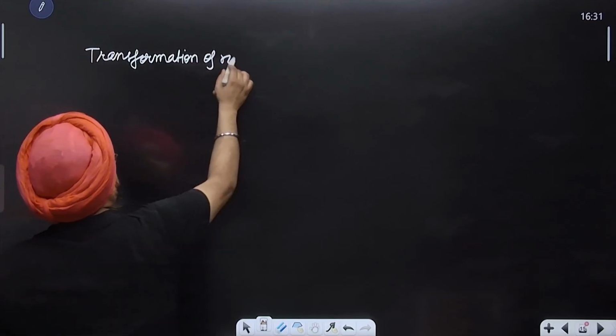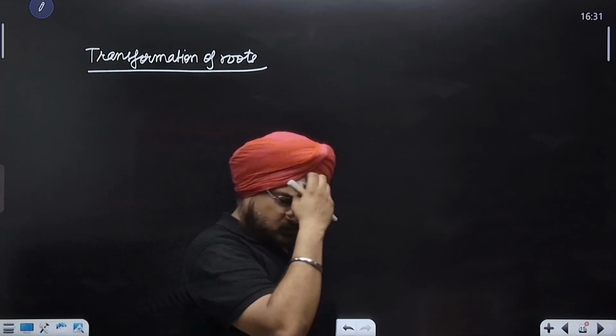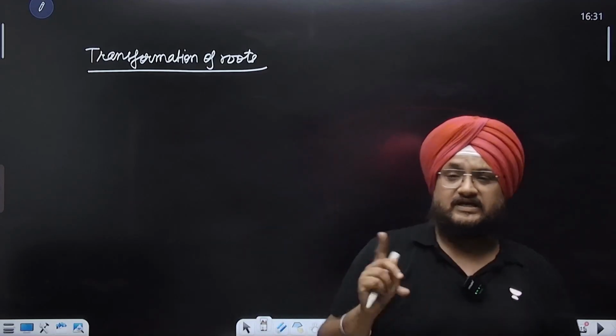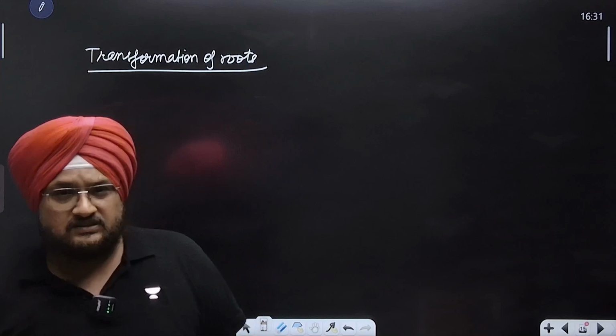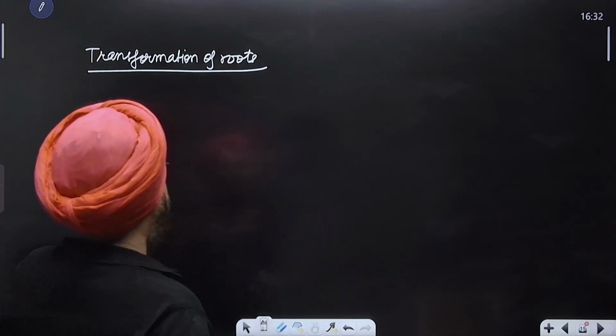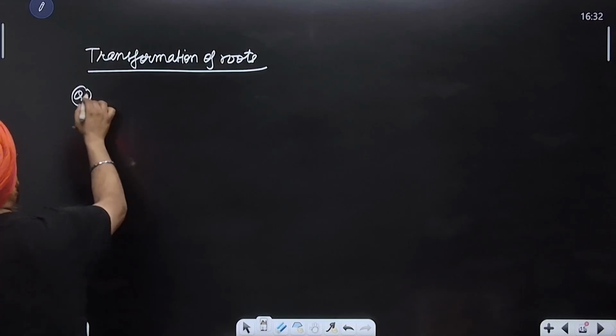Transformation of roots using the symmetric nature of the roots. When the roots given are symmetric functions, then we can use this concept, transformation of roots. We will take an example.